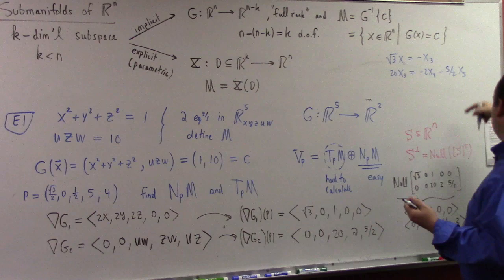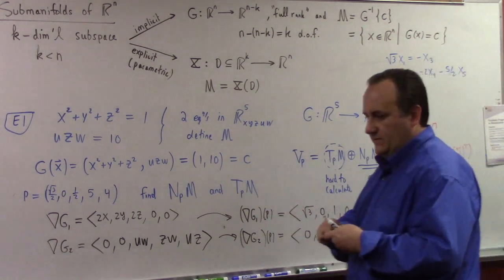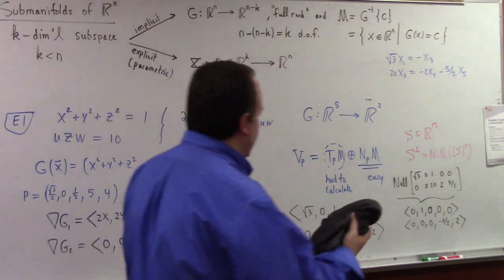Now I really should clean up. I really should subtract that out before I did that. My bad. I need to clear that out for best results here. I'm not doing my row reduction like I should.